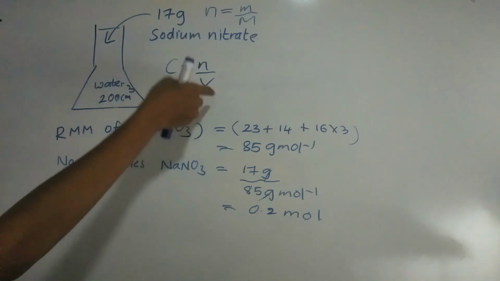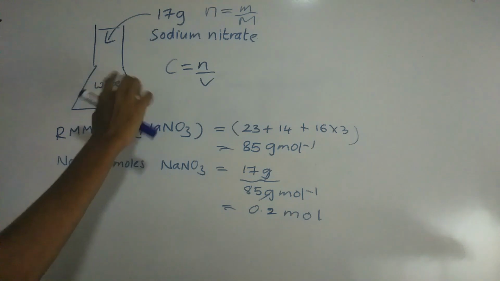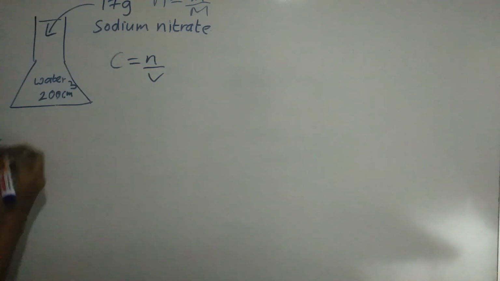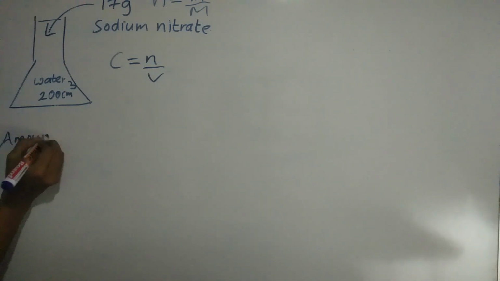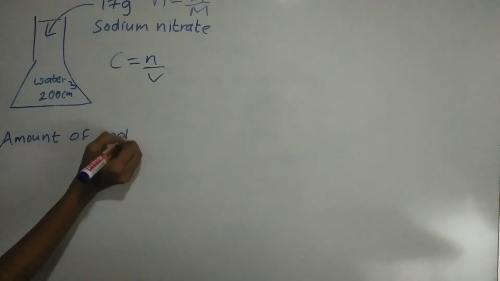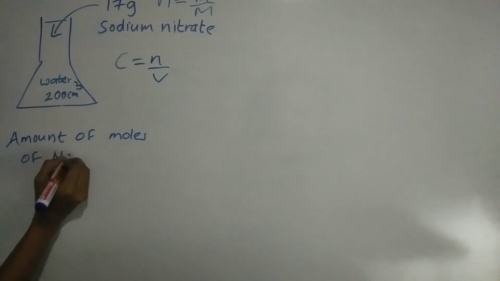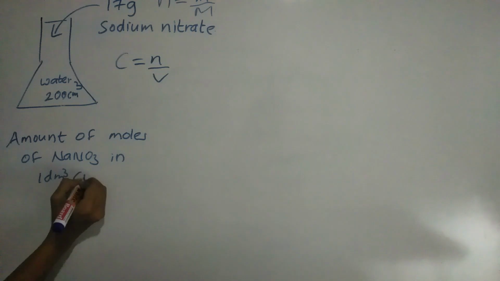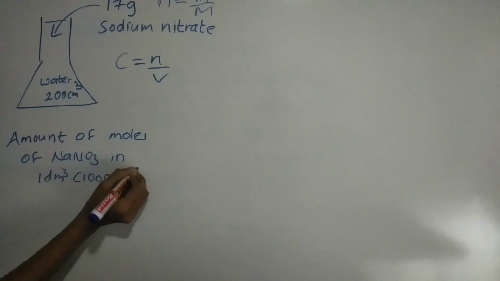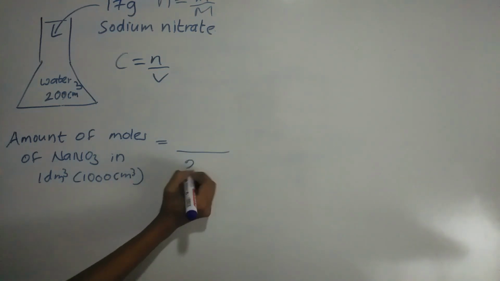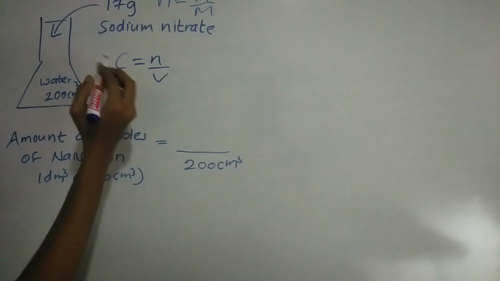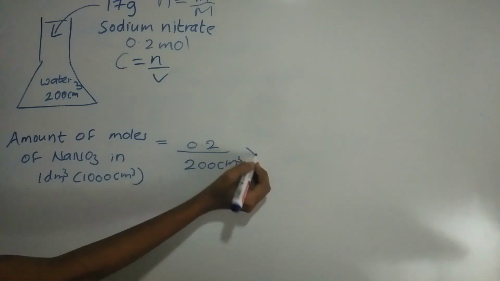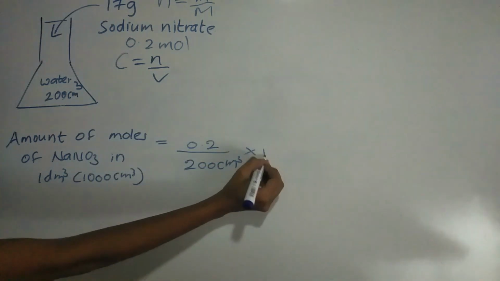Concentration is, we have to find in 1 decimeter cube. So we will see how we are going to do it. Now amount of moles of sodium nitrate in 1 decimeter cube, that is 1000 cubic centimeters.